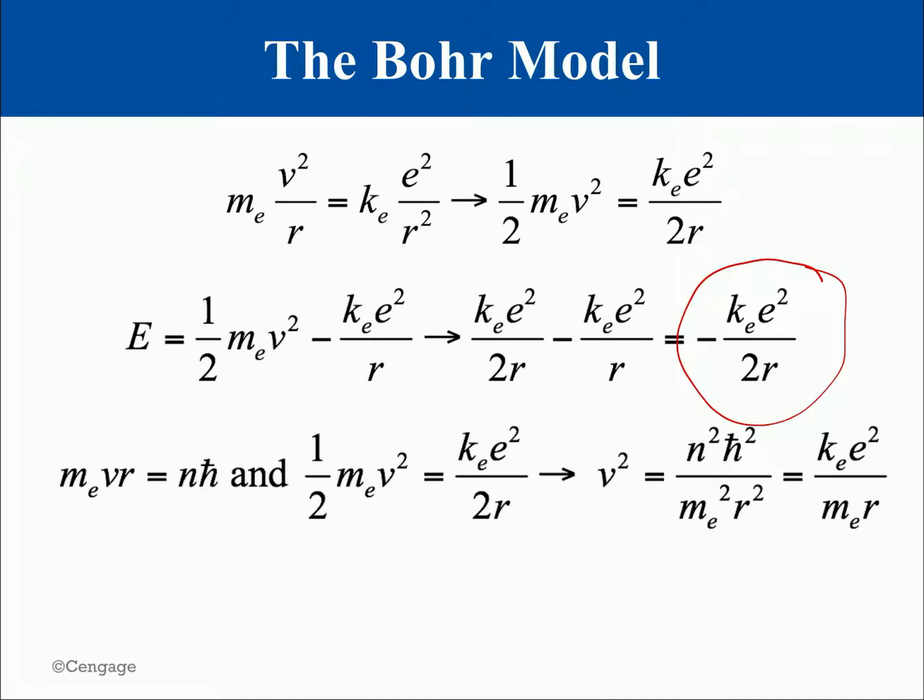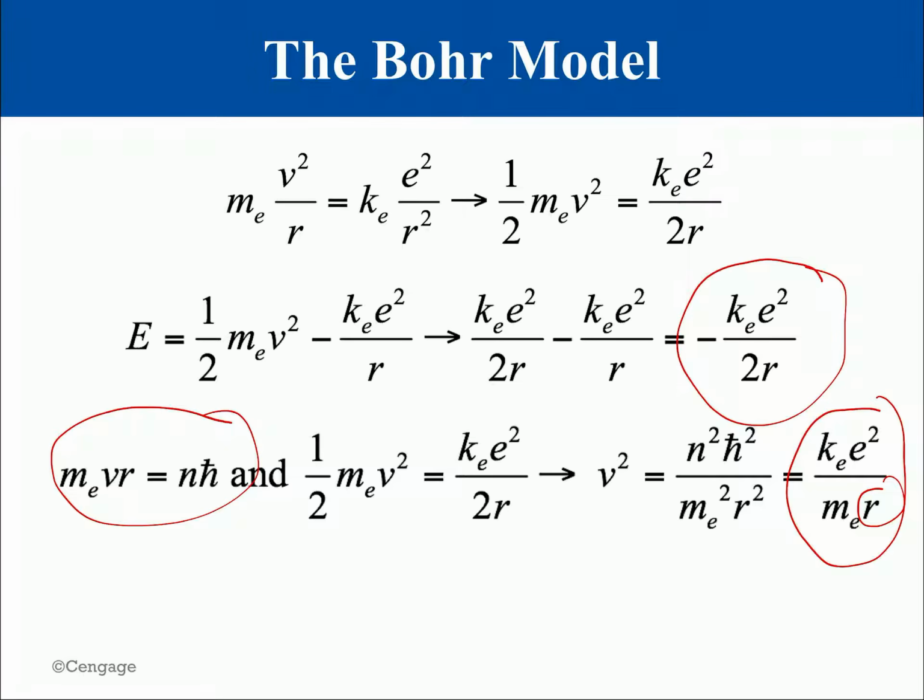Okay, so now we're going to make a substitution into our equation for the quantization that came from the de Broglie wavelength idea. So that's the one that I also mentioned in the background. That's quantizing the angular momentum, but ends up also being a fixed number of wavelengths. Okay, and so when we do that, then we can solve for the velocity of an electron at a particular radius.